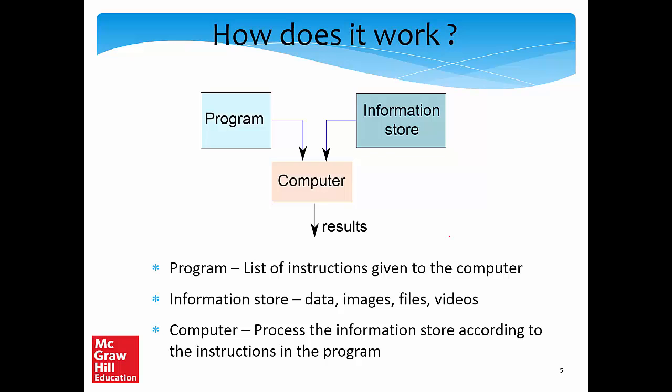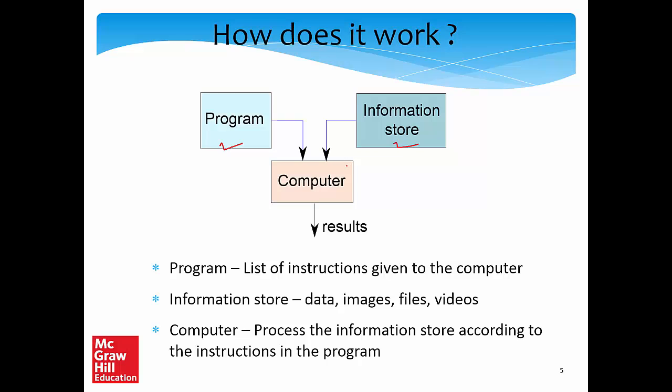So how does a computer work? A computer has a program which tells the computer what needs to be done. That is because the way that we have defined a computer is that it should be possible to instruct it to do something. So having a program is point number one. Second, there needs to be some information that the program will work on.